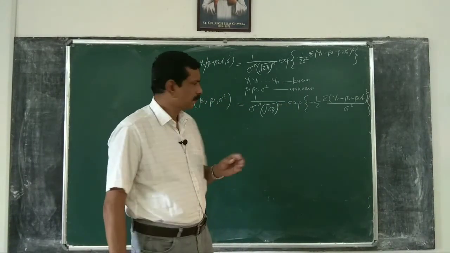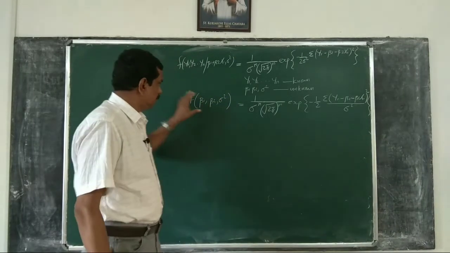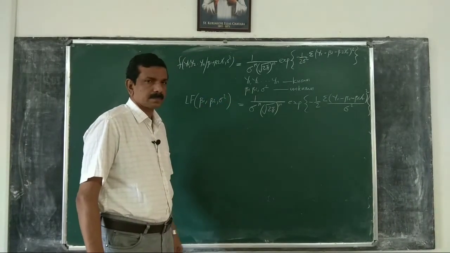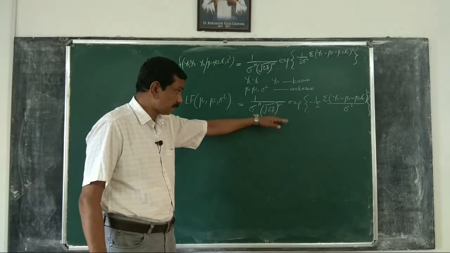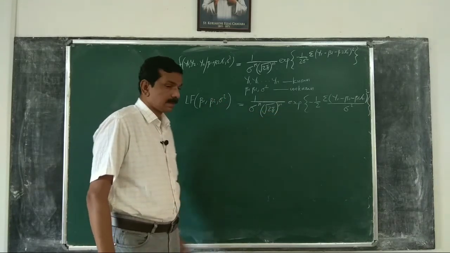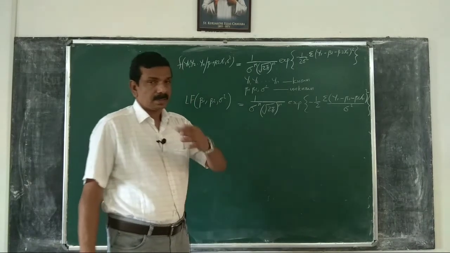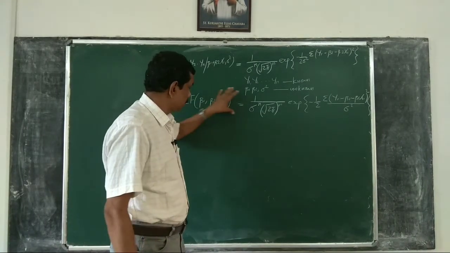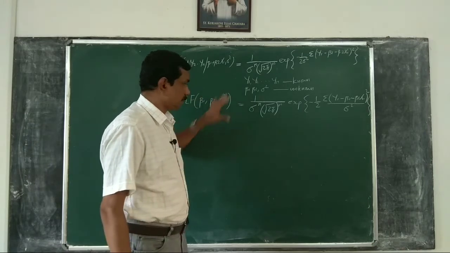So the method of ML consists of estimating the unknown parameters beta 1, beta 2 and sigma square in such a way as to maximize the likelihood function.